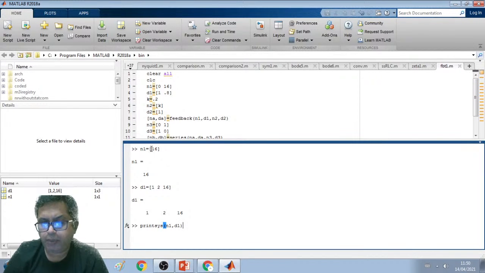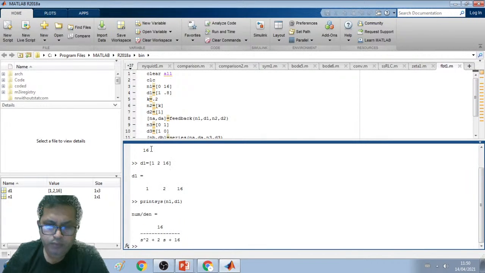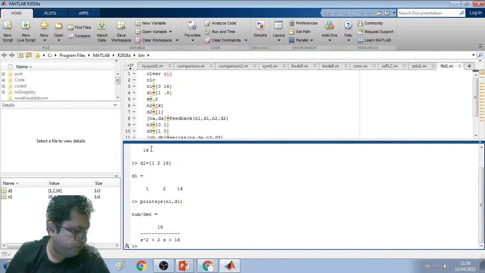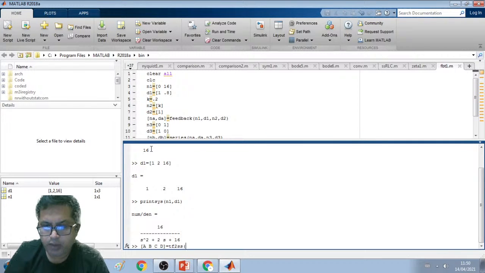One additional command I will write down, so this will give you the transfer function. Then A, B, C, D is equal to tf2ss(N1, D1).